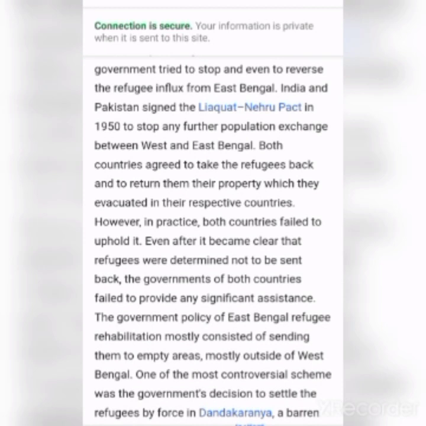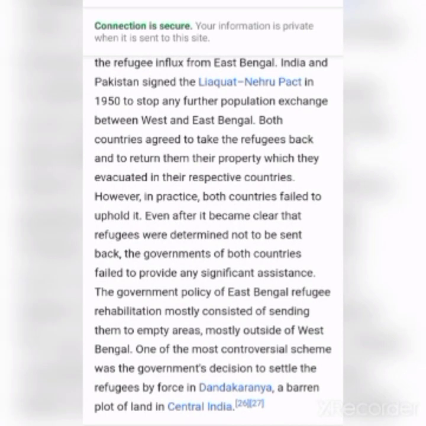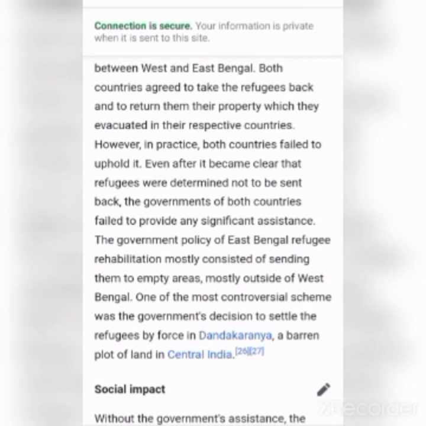However, in practice, both countries failed to uphold it. Even after it became clear that refugees were determined not to be sent back, the governments of both countries failed to provide any significant assistance.